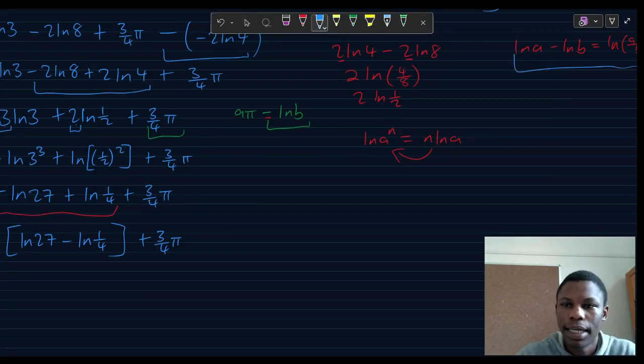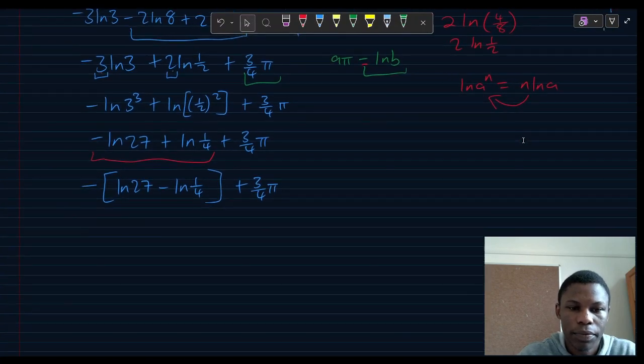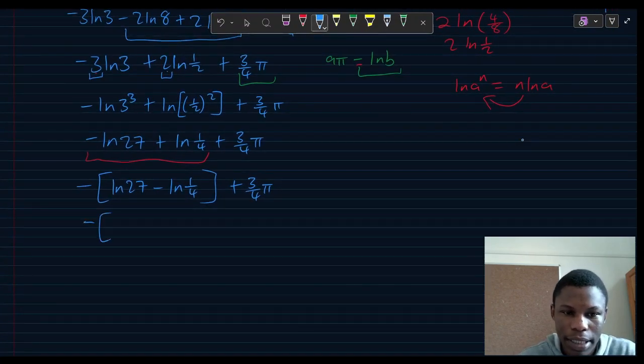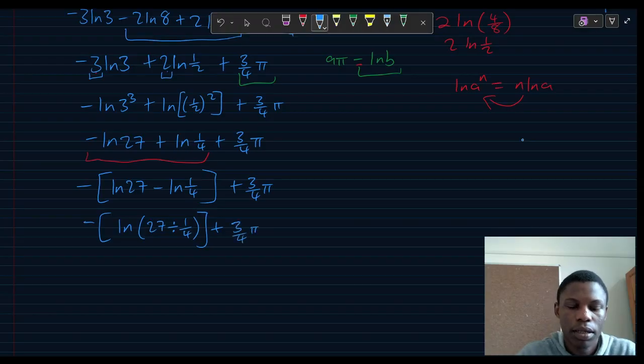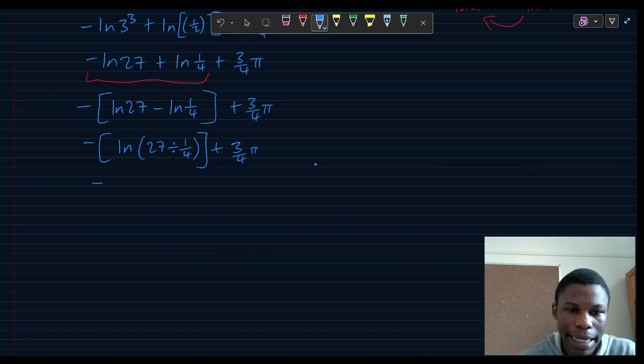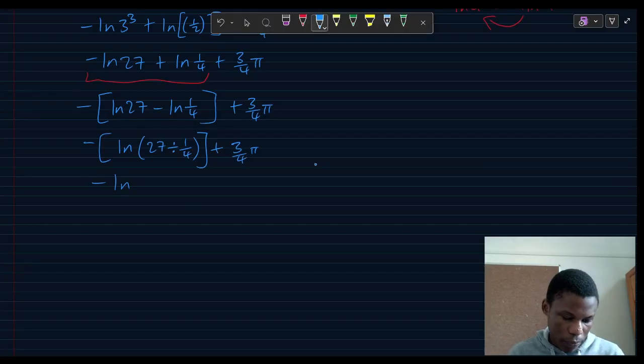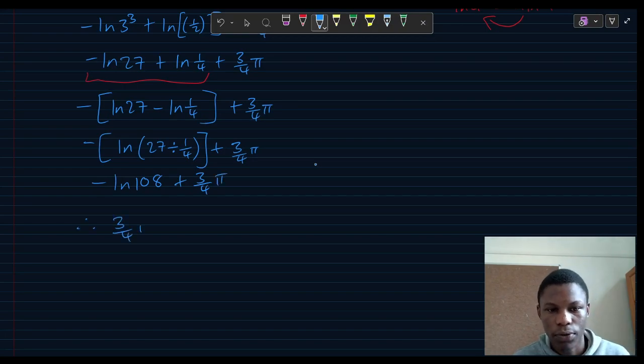Ln a minus ln b is ln a over b. So that becomes negative, in the brackets, ln 27 divided by a quarter, and then close the brackets, plus 3/4 pi. So this is negative ln 27 divided by a quarter. That's 27 times 4, which is 108, plus 3/4 pi. And so therefore our final answer is 3/4 pi minus ln 108.